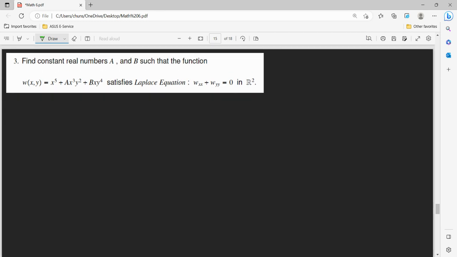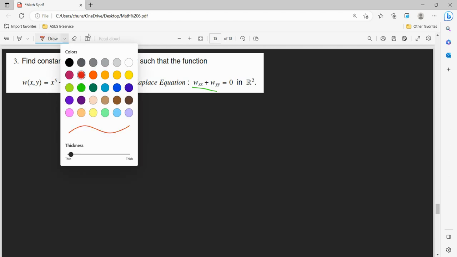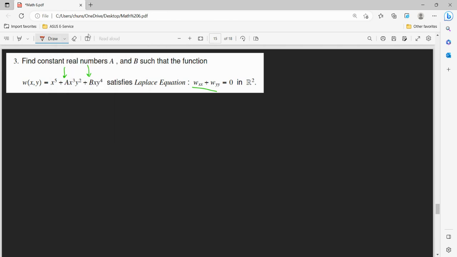So this wants us to find numbers for a and b so that it satisfies this equation, which deals with our second order partial derivatives. So the first thing I'd like to do is just to find what our wx is on its own. So this is just taking our first order derivative with respect to x.